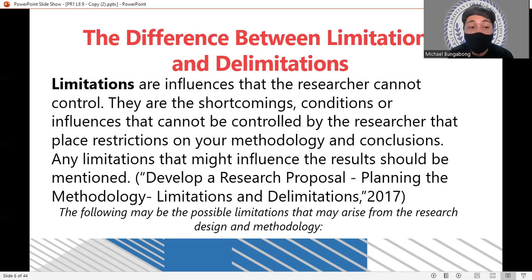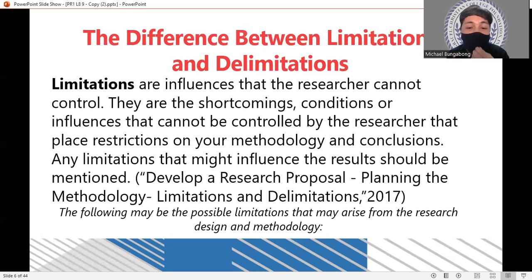Walang mangyayari kasi just like what I said, this is something that cannot be controlled. So there are times that the shortcomings or conditions or influences cannot be controlled by the researcher that place restrictions on your methodology and conclusions.